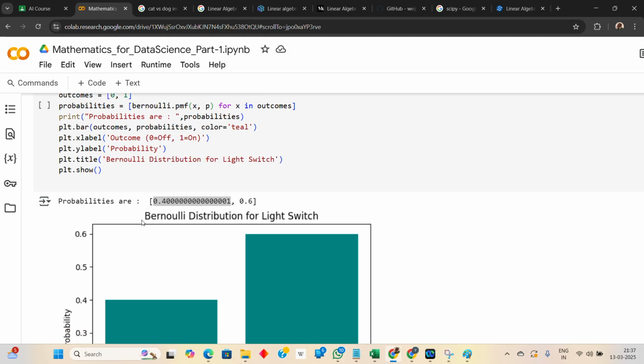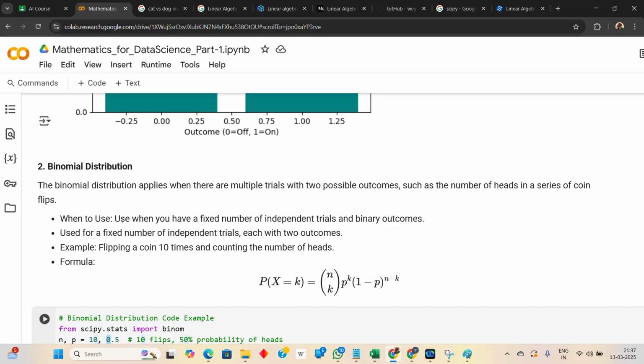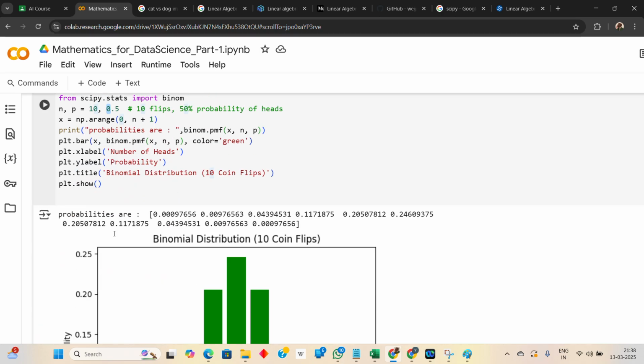Binomial: use when you have a fixed number of independent trials and also a binary outcome. Remember, the binary outcome should be there, and you also have to repeat it a fixed number of times. Then binomial can be helpful.